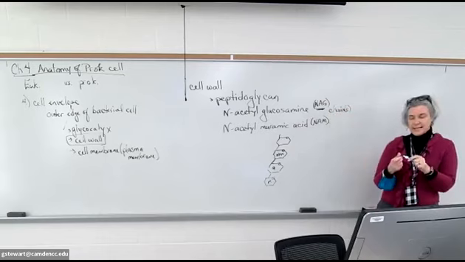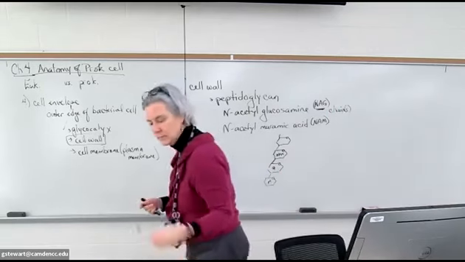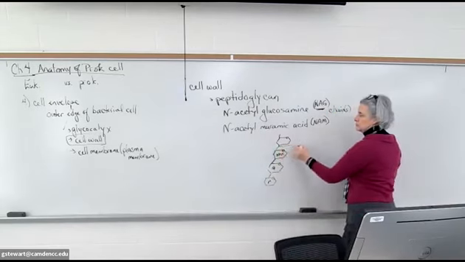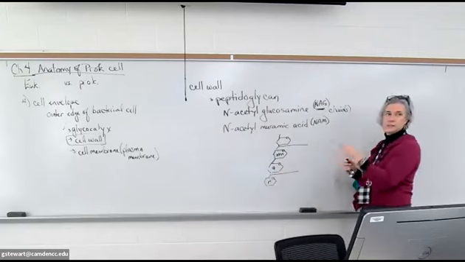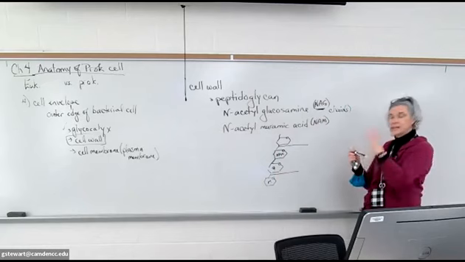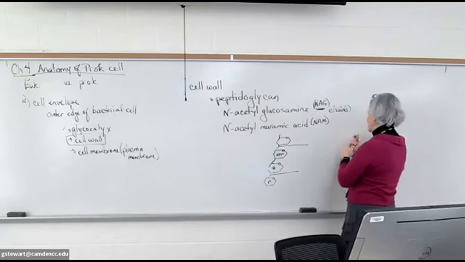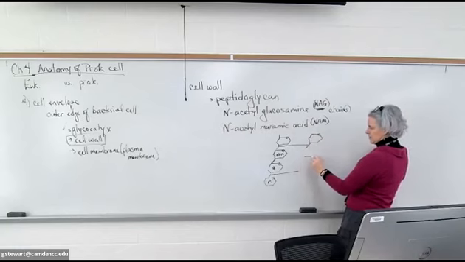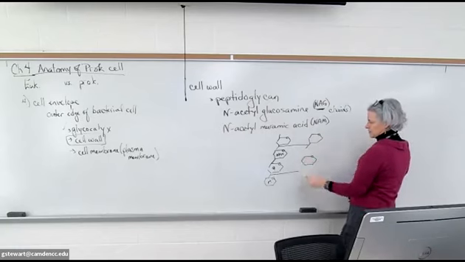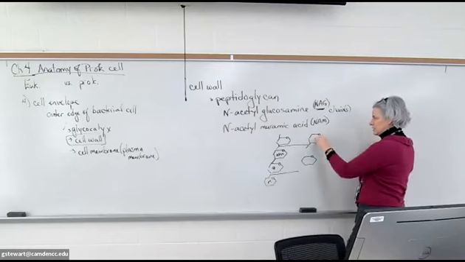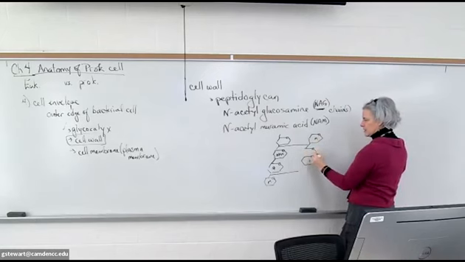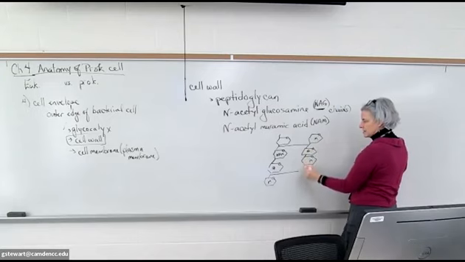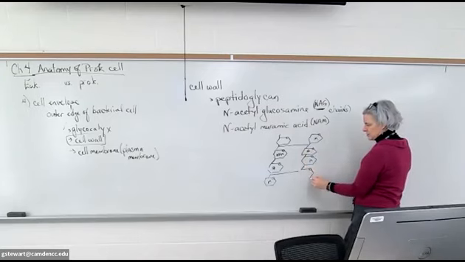The chains get connected at varying places, but not in between each of them. The chains get connected to form a sheet. So I'm going to redraw this. I'm going to put a NAG in here and attach to another one.